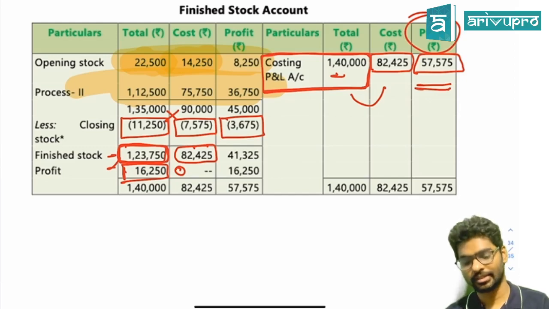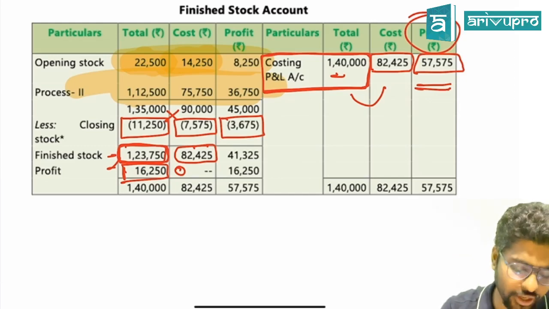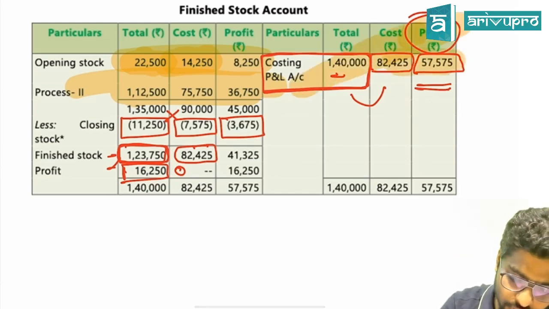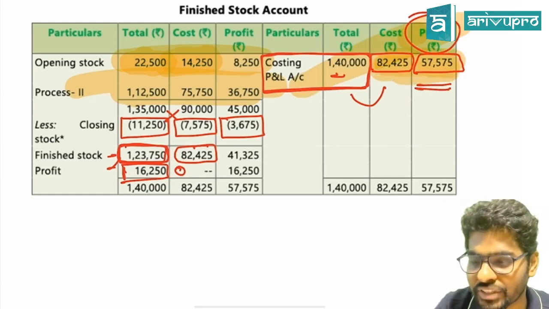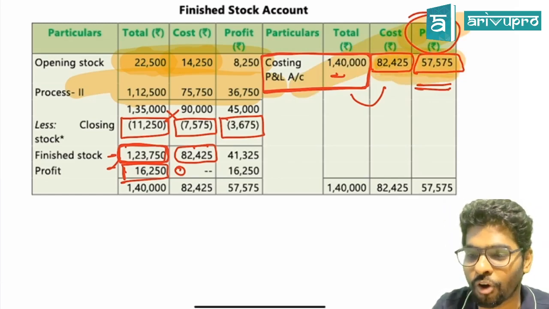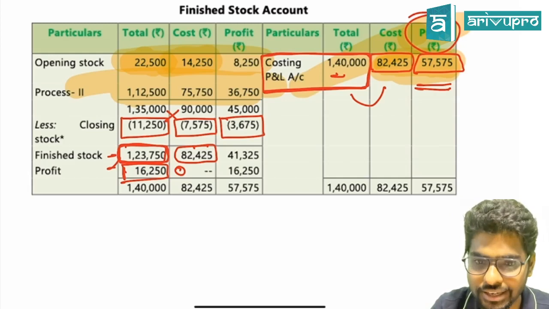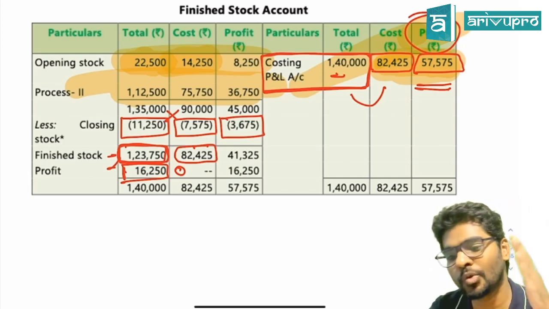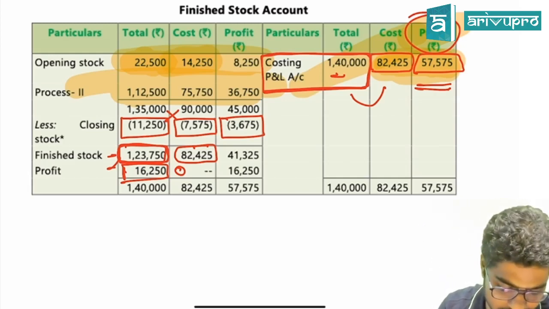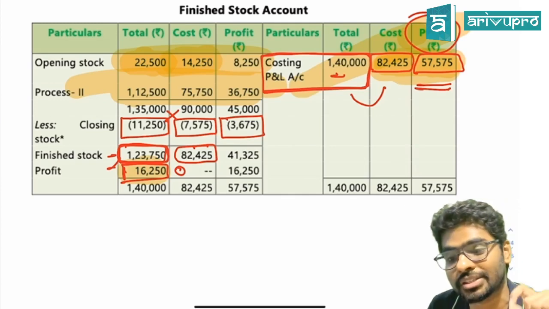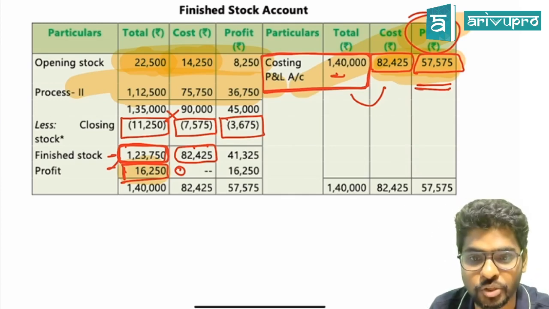What is this? Okay, guys, see here. This profit, 57, is the overall process profit. Thanks, Suresh. So for me, when I'm doing my process account, this is the profit I'll be recording because this is only for that particular finished goods.